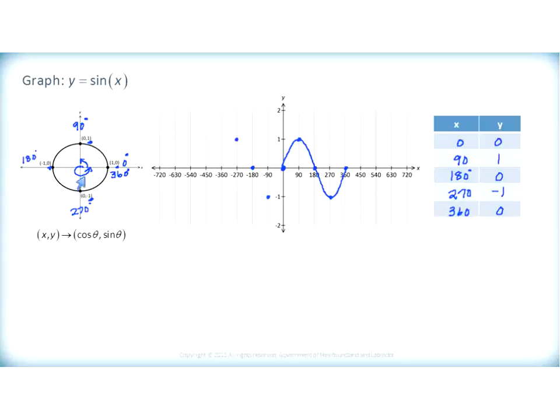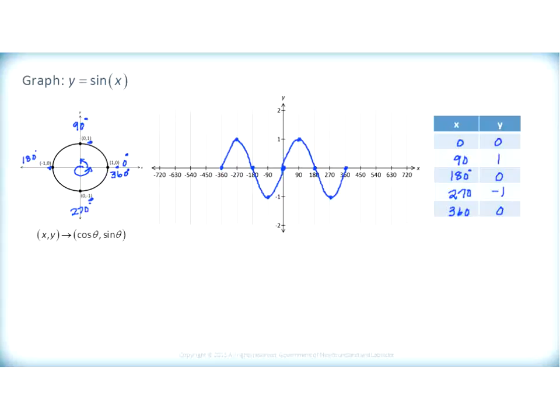And similarly, at negative 360 degrees, the sine is 0. So this is another full cycle of the sine function going in a negative, or clockwise, direction around the unit circle. The pattern keeps repeating itself.